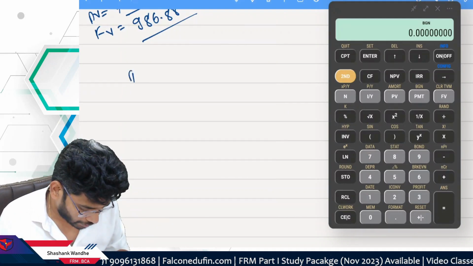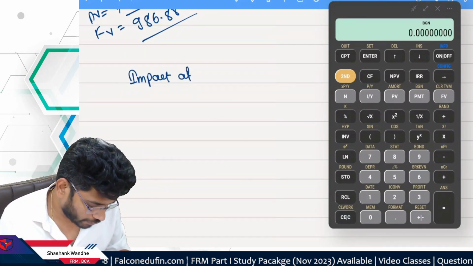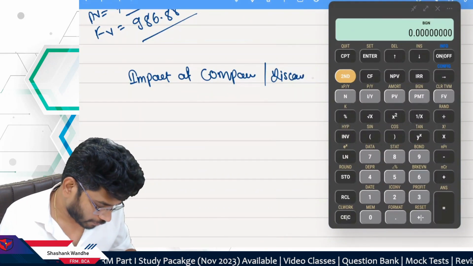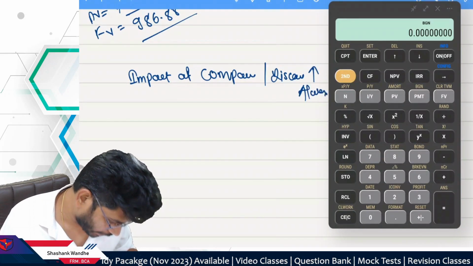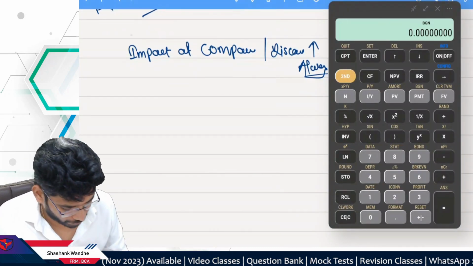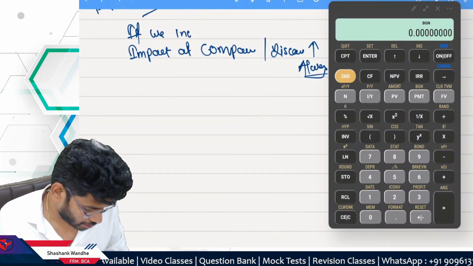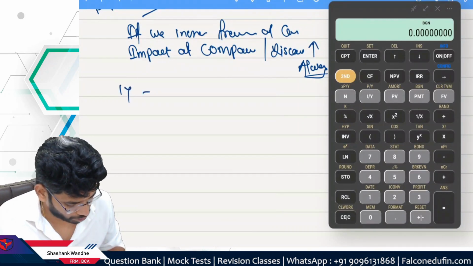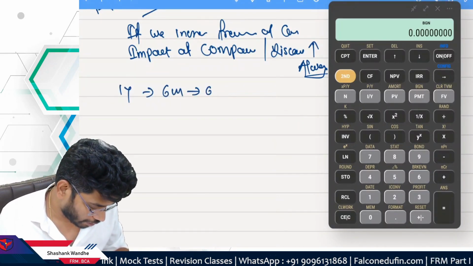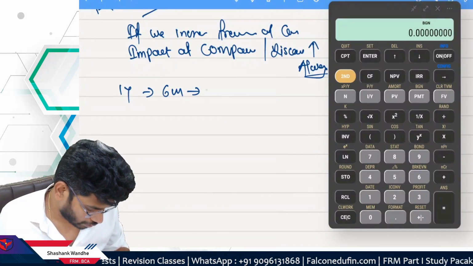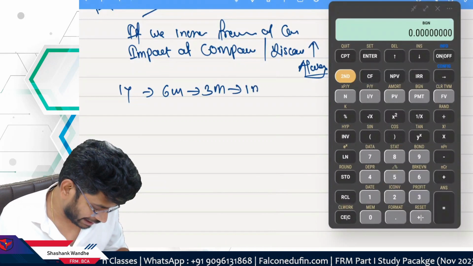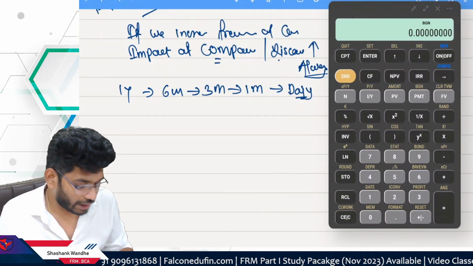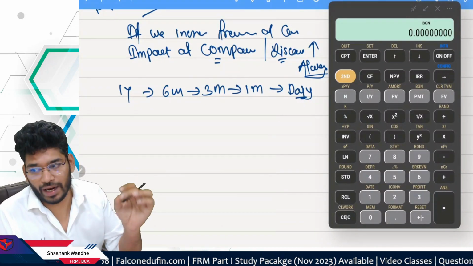Always remember, if we increase the frequency of compounding, that is from per annum to maybe 6 months or 3 months, or maybe monthly, or maybe daily, whatever you are doing, compounding or discounting, the impact will increase.